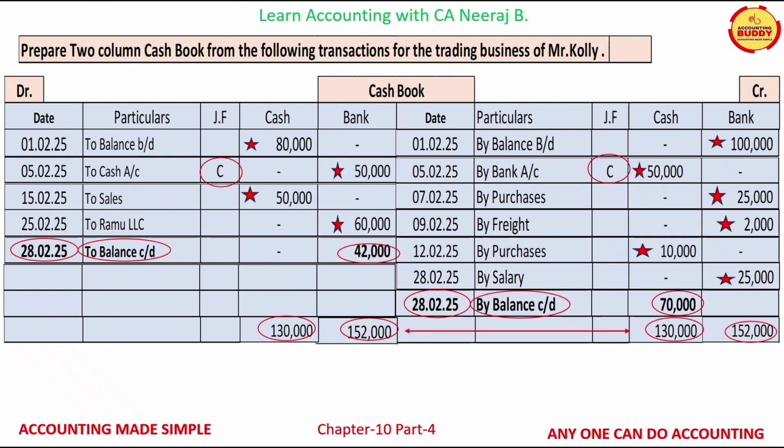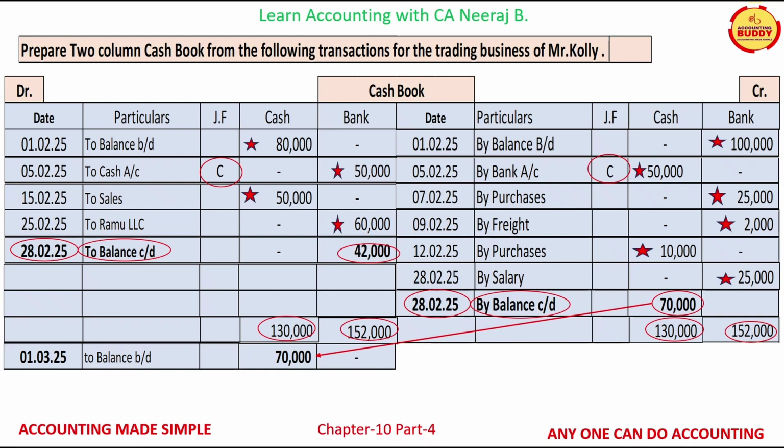The closing cash in hand balance of $70,000 as on the last day of February 25, that is 28th February 25, will become the opening balance of $70,000 as on 1st of March 25 by writing the words "to balance brought down" on the left hand debit side of the cash book.